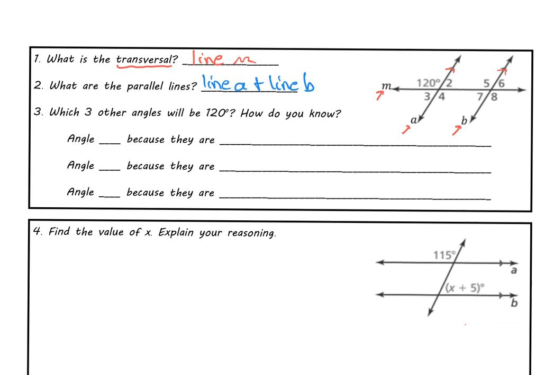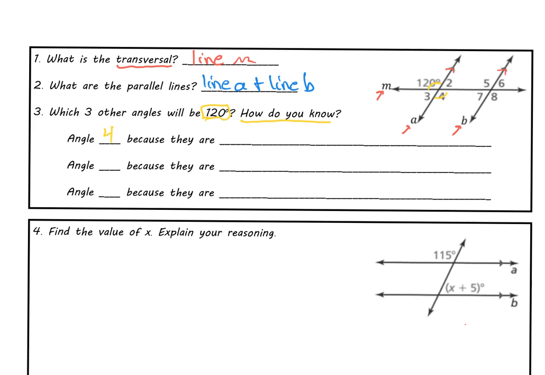It says, which 3 other angles would be 120 degrees, and how do you know? Look at this angle here, and basically the question is asking us which 3 other angles would be congruent to that angle. What are the other angles in this picture that would equal 120 degrees? Well, you should be thinking angle 4 immediately.